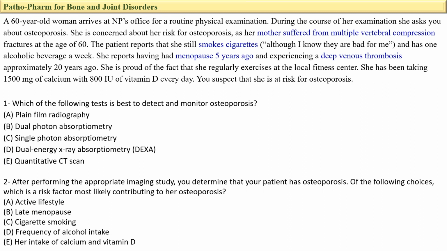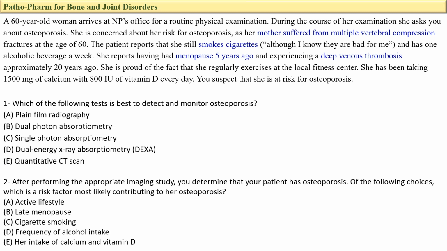DEXA is fairly new, the least expensive, and the fastest method of assessing metabolic bone disorders, BMD, like osteoporosis. It is a very precise diagnostic tool; its precision is approximately 1 to 2%.